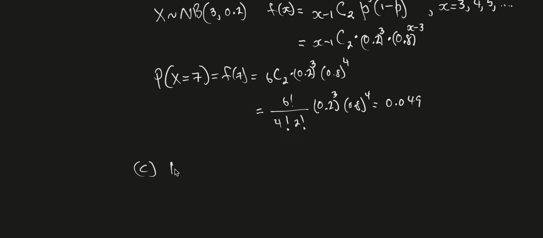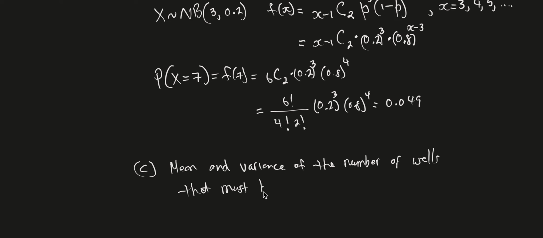So let's find the mean and variance of the number of wells that must be drilled, right, to have 3 oil producing wells. To have those 3 successes, right?